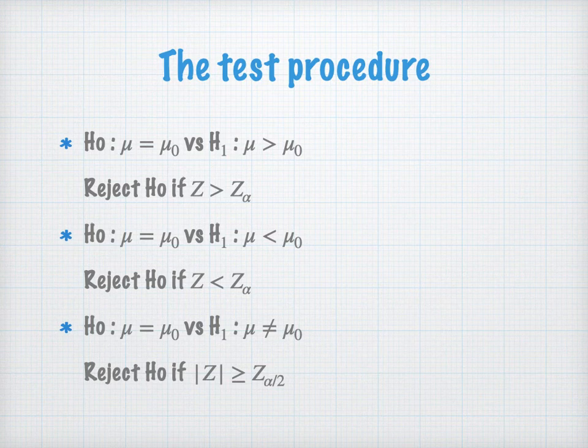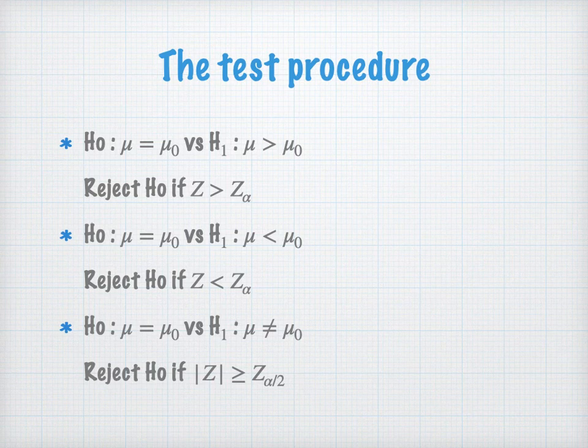We can find x bar because we have the sample. We know what mu naught is, it is given in the question. And either sigma will be known or sigma will be unknown. So we can calculate that value because all the factors in that test statistic are known to us, or we can find them from the sample.